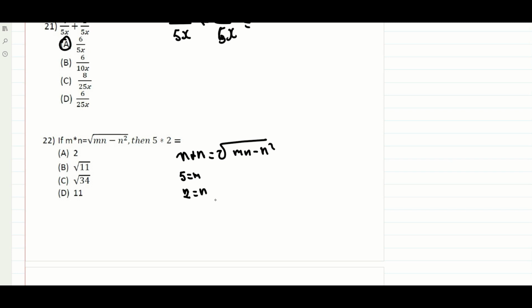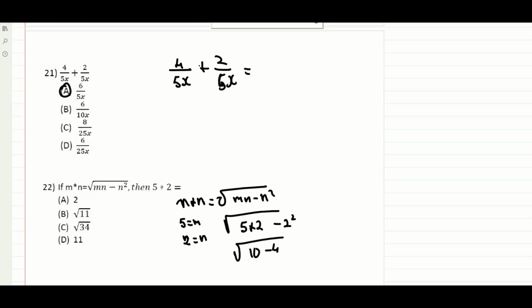So this would be 5 times, because m and n are multiplied, 5 twos are 10 minus 2 squared, that is 10 minus 4. This question is not supposed to be so because I am getting here the square root of 6, but that is not the question. The question is m cubed minus n squared, right? Which we saw that we did this several times and the answer was 11.